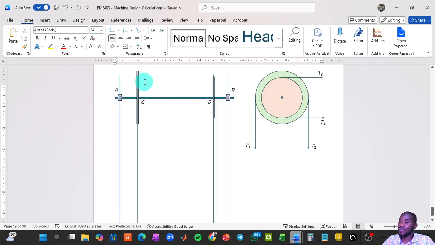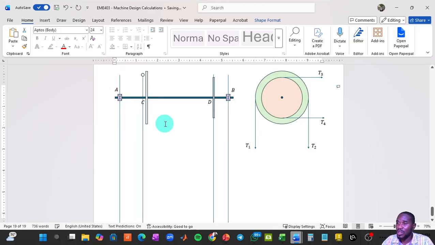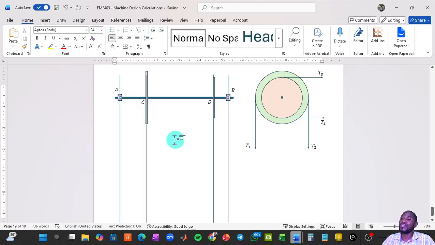Immediately you see that the position of my point C is not very accurate. So I'm going to move it like so, just to let the visual appearance look as though that's 300 and that's 200 and that's 500.